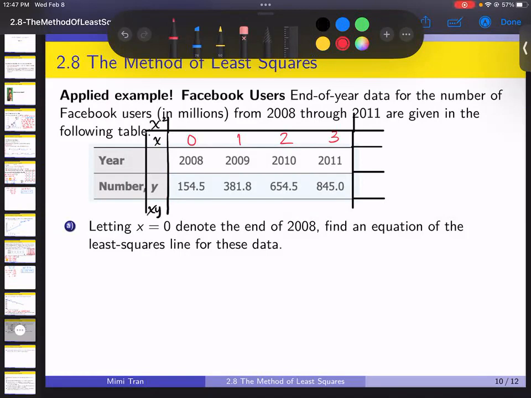You can do the table like I did. X squared: 0 squared is 0, 1 squared is 1, 4, 9. And XY will be 0 times 15.4.5 is 0, 1 times 381.8 is 381.8, and then the next one will be 1309, and then 2535.